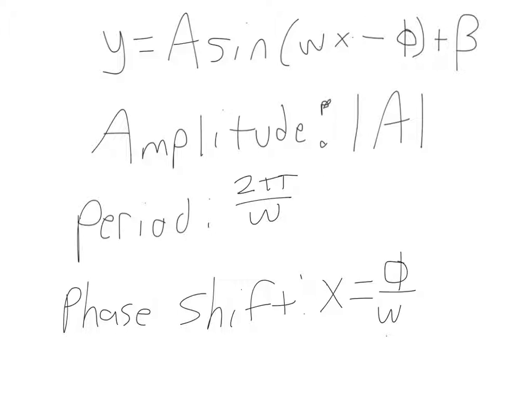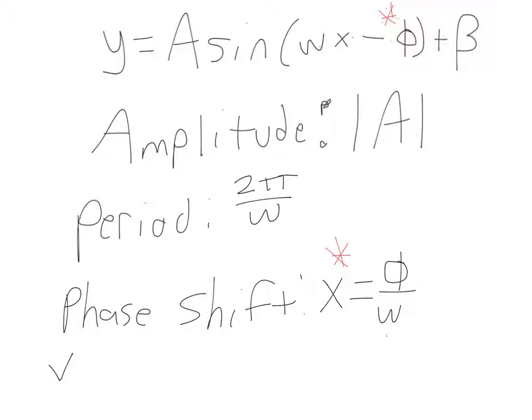Since x is positive, that means we would shift to the right. If we're adding inside the parentheses, when we solve for the phase shift we'd end up getting a negative number. So if it's positive inside the parentheses, it's a phase shift to the left, and if it's negative inside the parentheses, it's a phase shift to the right.